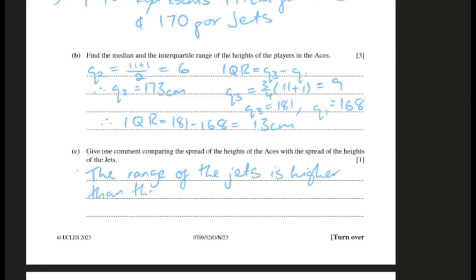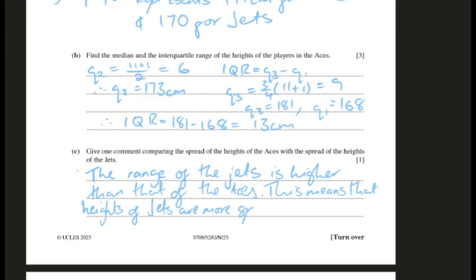This means that heights of Jets are more spread than those of Aces. Okay, let's move on to the next question.